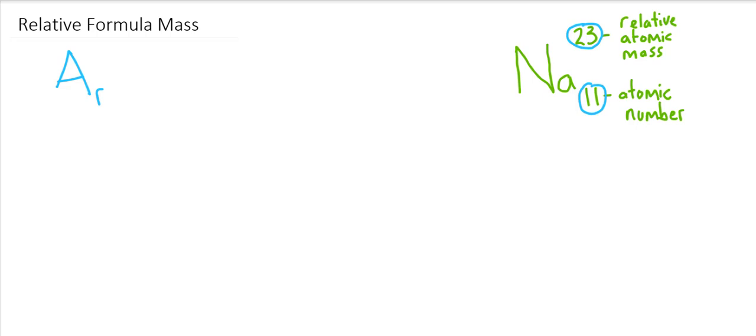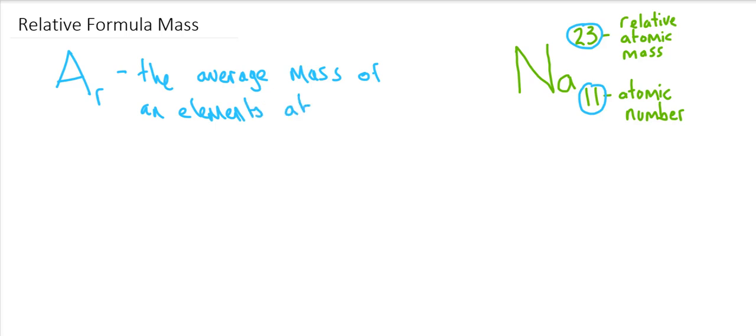Now, I've already said that relative atomic mass has the symbol capital A subscript R. And relative atomic mass just means the average mass of an element's atoms compared to carbon 12.